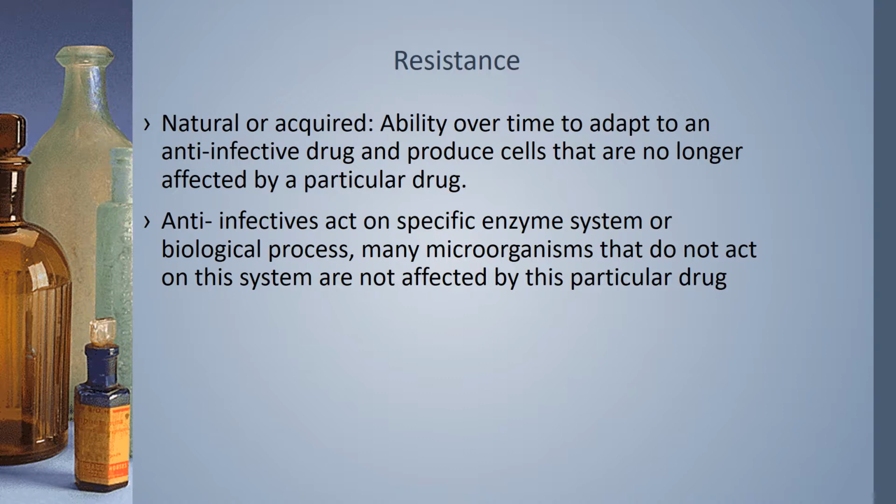What we see more of is the acquired resistance, and our next slide will talk about that just a little bit more. But it has developed over time, and often because we have used antibiotics incorrectly, or we have used them too often.